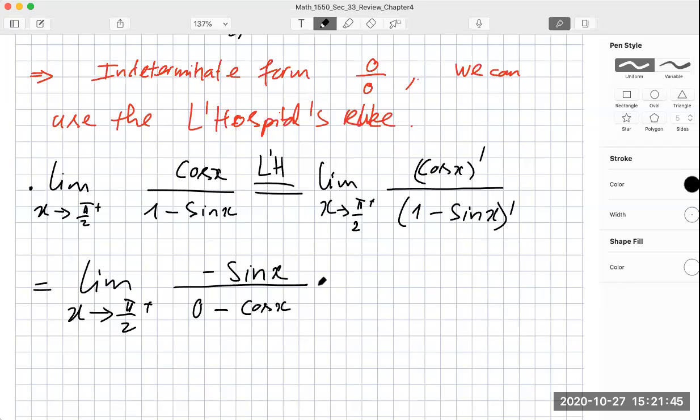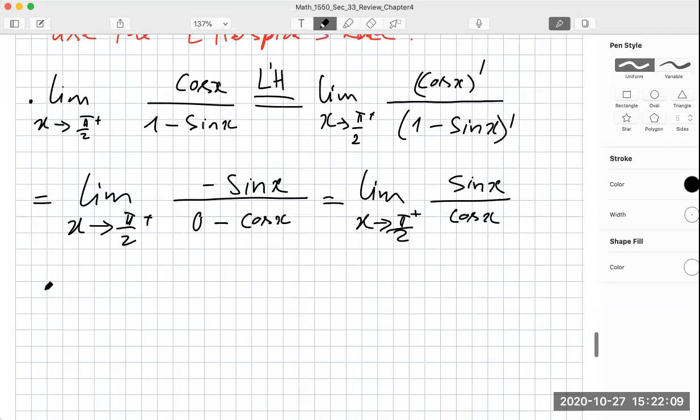See? So it becomes the limit when x approaches pi over 2 from the right-hand side of negative sine divided by negative cosine, which is sine x over cosine x, right?